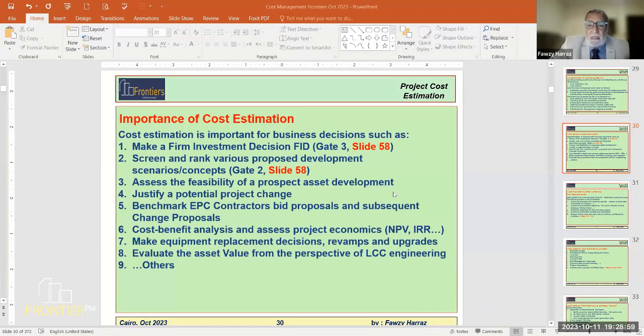As a professional cost estimator, the more your knowledge is versatile, diversified, covering many areas, many topics, the more chance you have to get a job with a contractor, an owner, a consultant in whatever area.